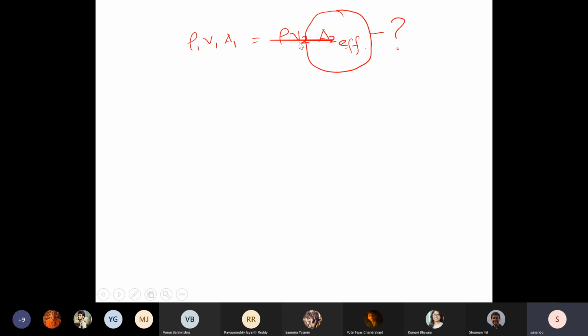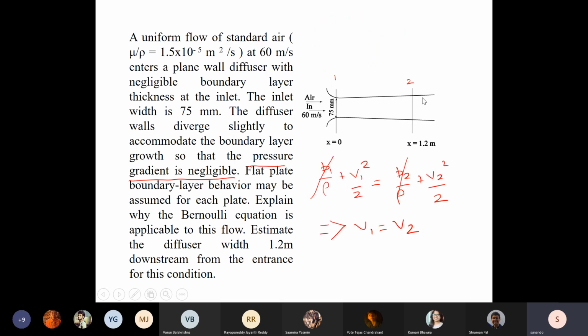Now we can do that, and if we recall the definition of the displacement thickness, you replace the situation by reducing the area available for flow by an amount which would be equal to the reduction in mass flow rate.